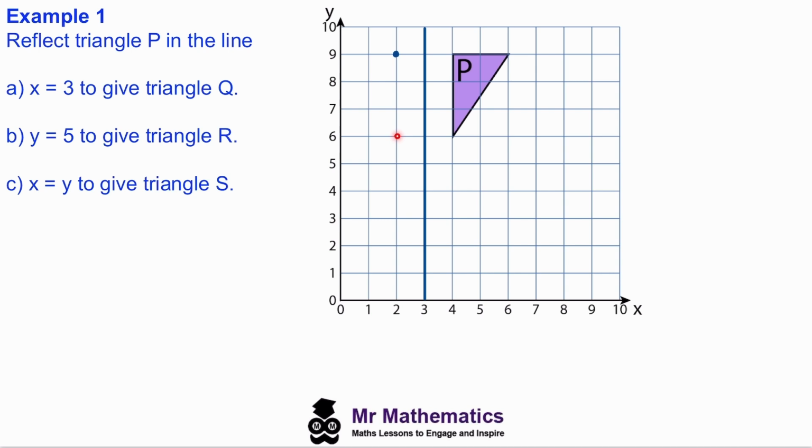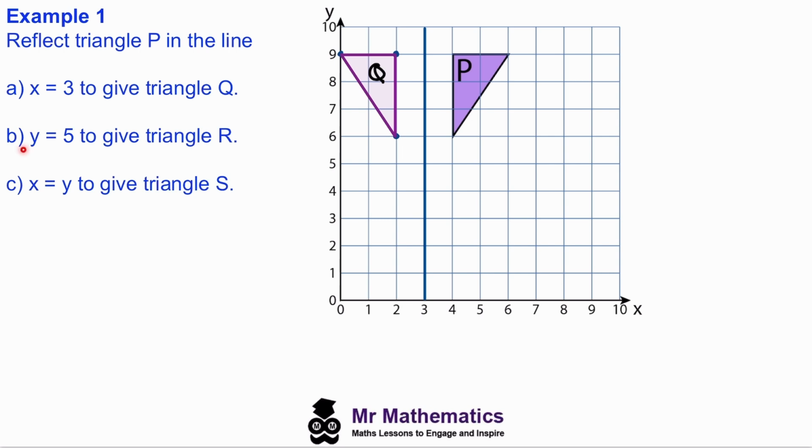It goes the same distance on the other side, so it goes to this point. Then this vertex is 3 away, so it goes 3 on the other side, and it comes to this point. So all we need to do is join these 3 vertices together, and this will create our reflected image. And we'll label this triangle Q.